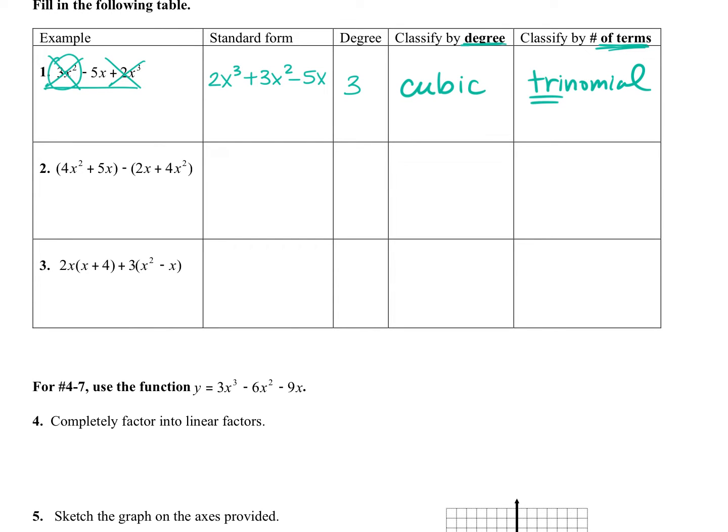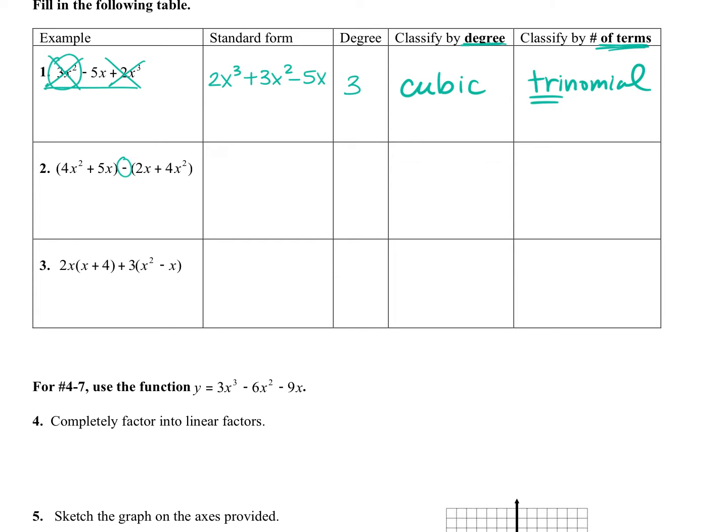All right, take a second and try to put number 2 into standard form for me. For your standard form, 3x, right? It simplifies down to just 3x. If you look at it, this is subtraction. Please don't FOIL that. We're subtracting between the binomials, so make sure you're subtracting your like terms.